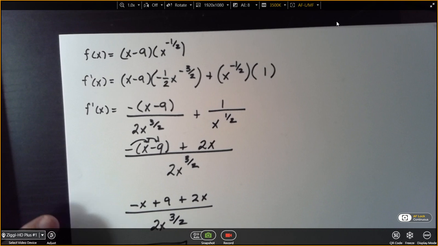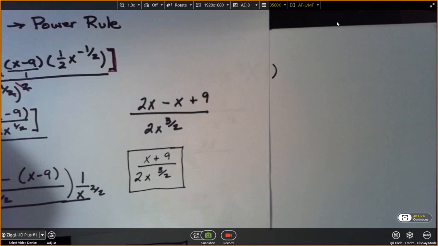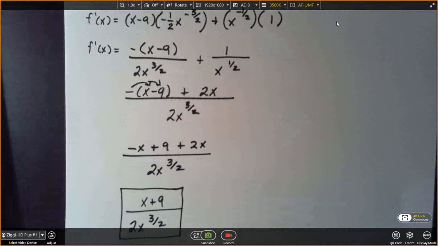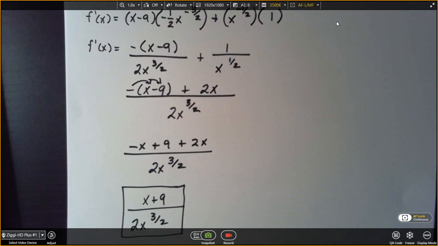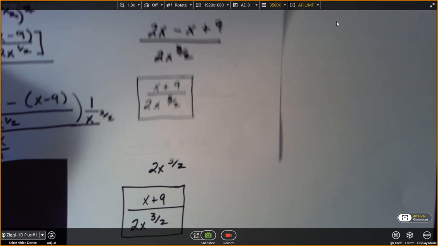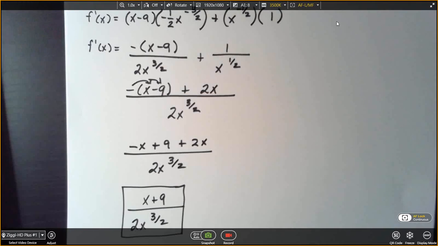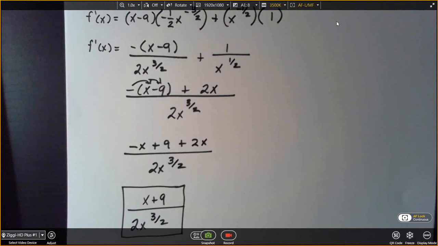And if you'll notice, that is what we got using the quotient rule. Same thing we got with the quotient rule. So now you can use the inverse rule of exponents and the power rule, or you can use the quotient rule.